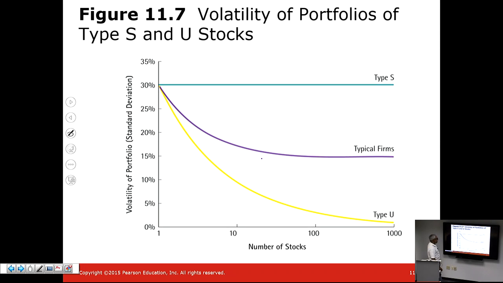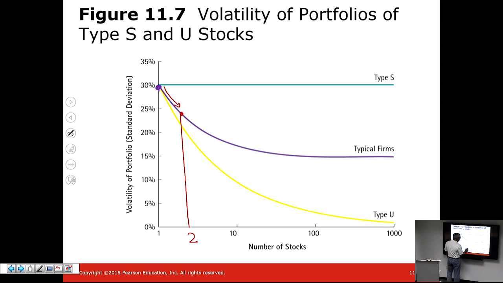And how does that play out? It plays out in this manner. So if I have only one stock in my portfolio, now my portfolio has both systematic and unsystematic risk. Let's say I add a second stock to my portfolio, and I somewhat eliminate the independent risk, but I cannot completely remove it.